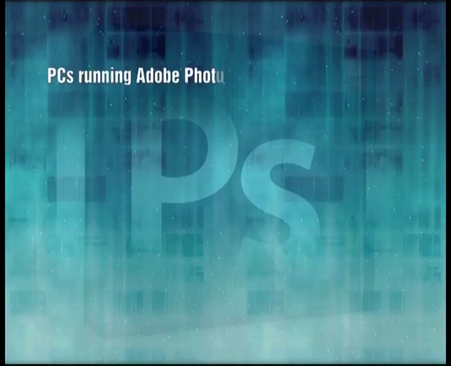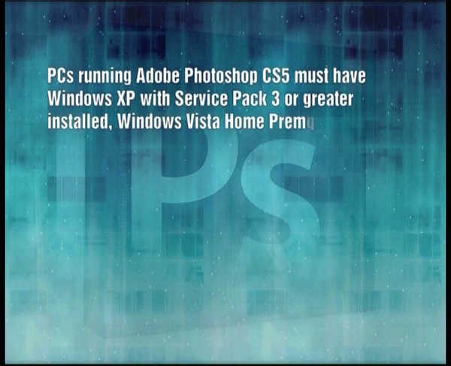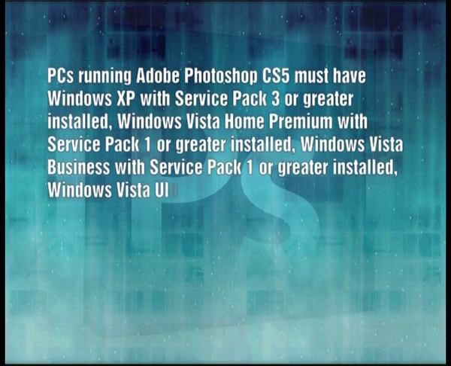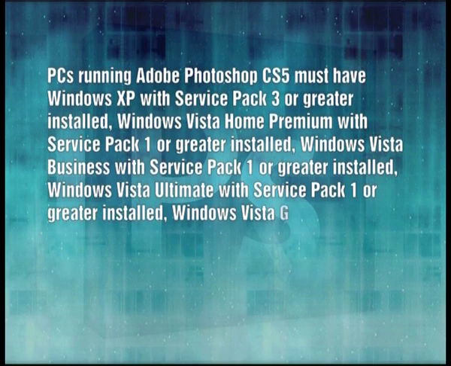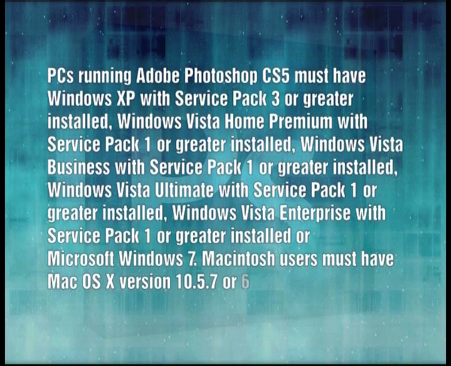PCs running Adobe Photoshop CS5 must have Windows XP with Service Pack 3 or greater installed, Windows Vista Home Premium with Service Pack 1 or greater installed, Windows Vista Business with Service Pack 1 or greater installed, Windows Vista Ultimate with Service Pack 1 or greater installed, Windows Vista Enterprise with Service Pack 1 or greater installed, or Microsoft Windows 7. Macintosh users must have Mac OS X version 10.5.7 or 10.6 installed.